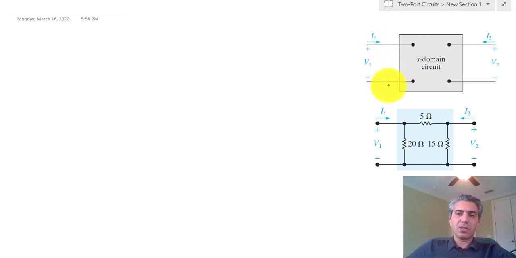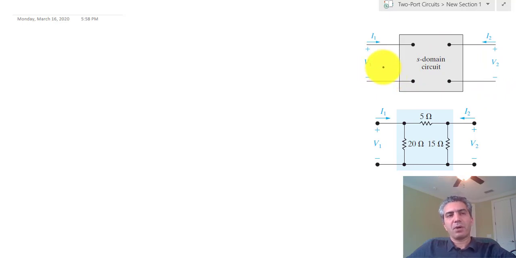Generally the reason we do modeling like that is that we would differentiate an input that is connected to that circuit from an output that would be connected to a different part of the circuit or a different part of a system.